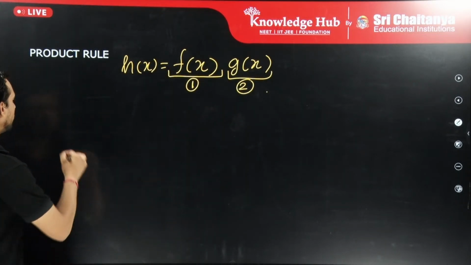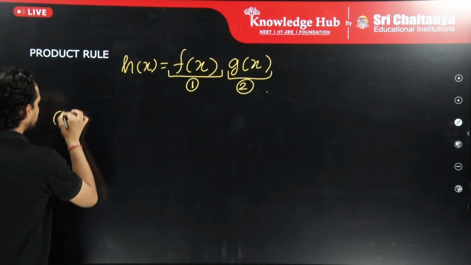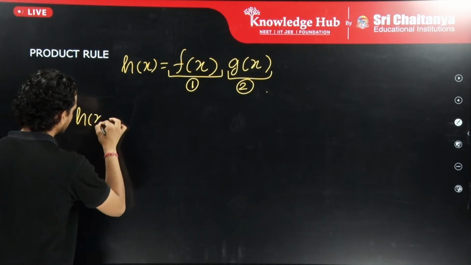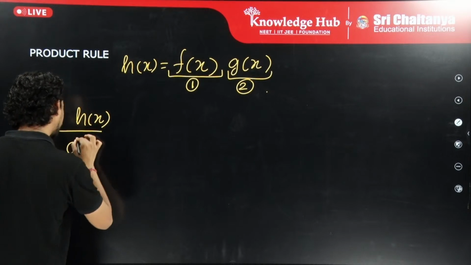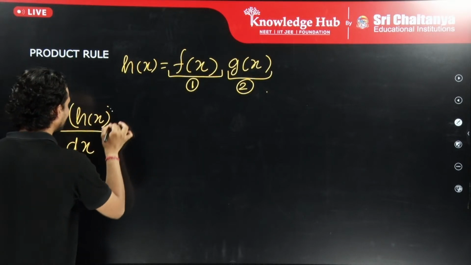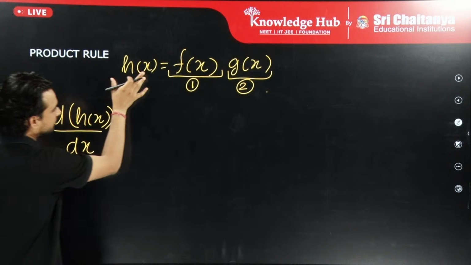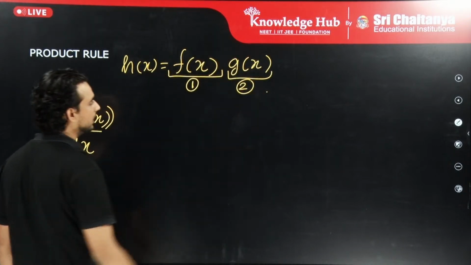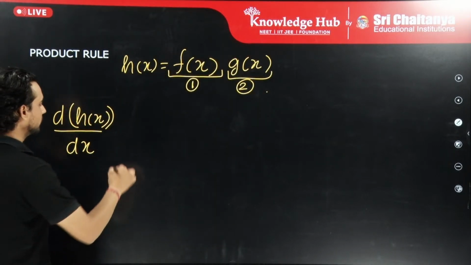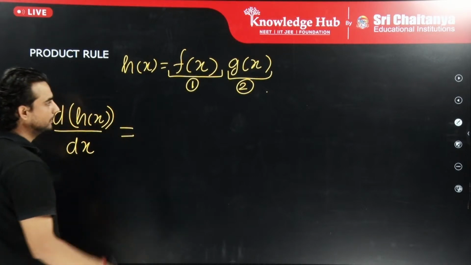Now, what is the formula for this? The differentiation of h(x) with respect to x. Now what is h(x)? h(x) is a function which is a multiplication of two different functions. So what is the formula?